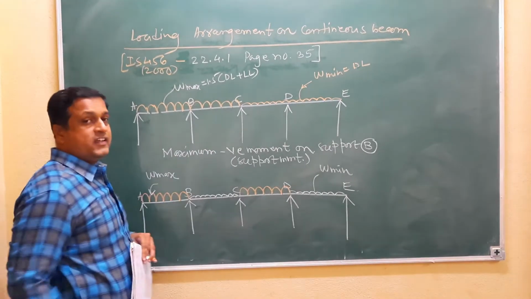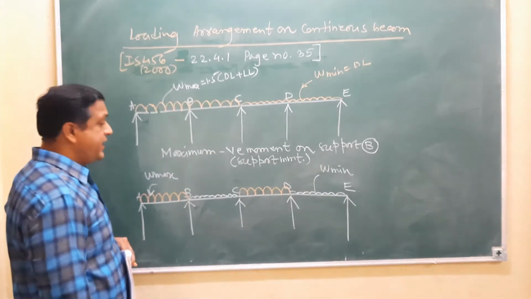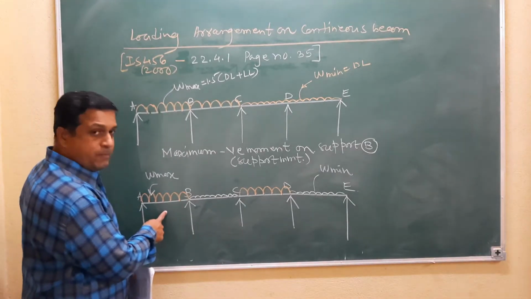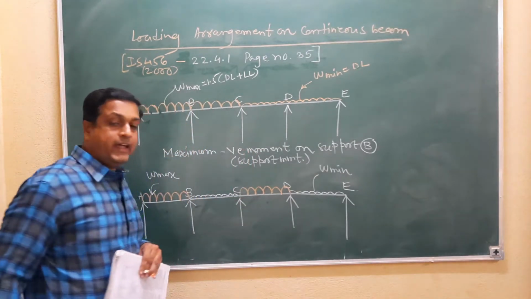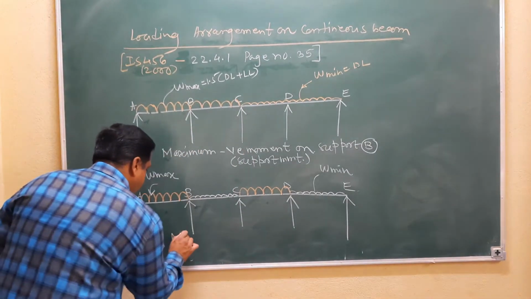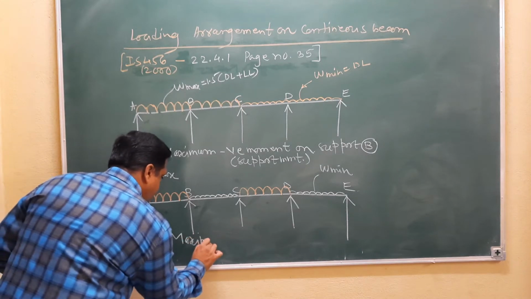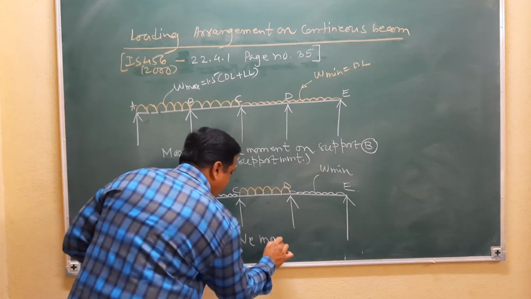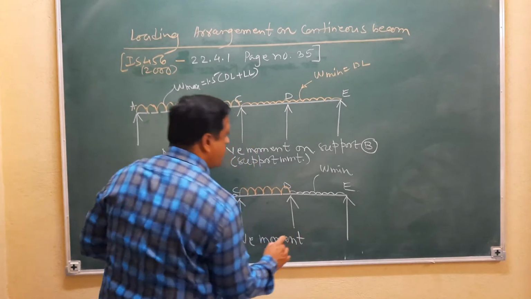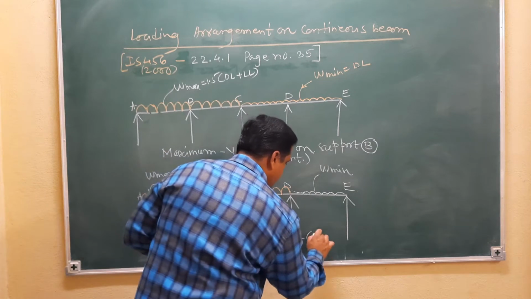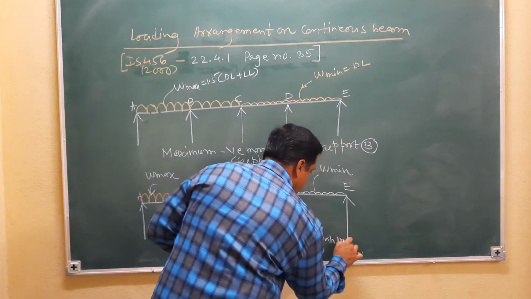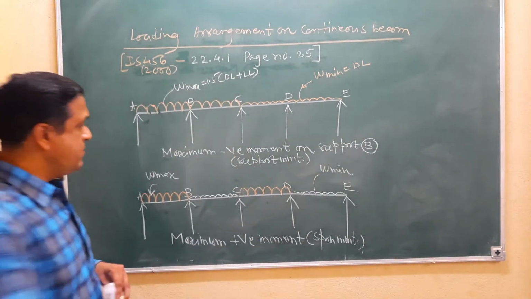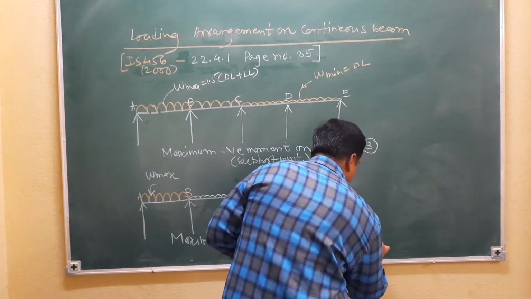In this loading arrangement, you get the maximum positive moment, that means span moment, in span AB and CD.